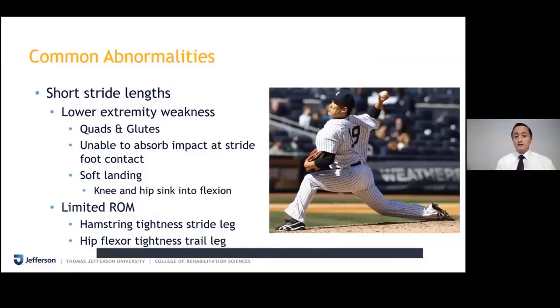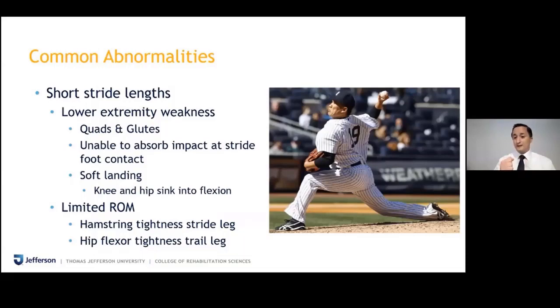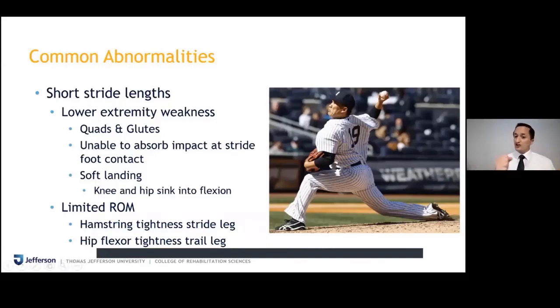If your lower extremity is weak, so your quads and glutes are weak, you're not going to be able to absorb that impact in a stiff manner. What we want to do is land very stiff, and you won't have the strength to do that, because the further you stride, the bigger these moment arms are, and the harder it is to maintain that stiff landing.